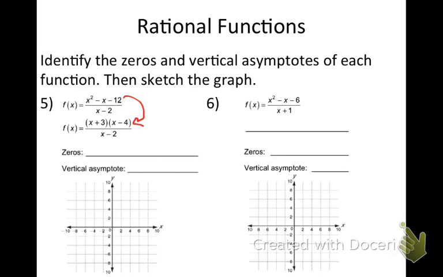Now, what are my zeros here? My zeros are located at what two values, Andy? Negative 3 and 4. So I plot negative 3, and I plot 4. And now I get a vertical asymptote. Where's my vertical asymptote at, Bailey?